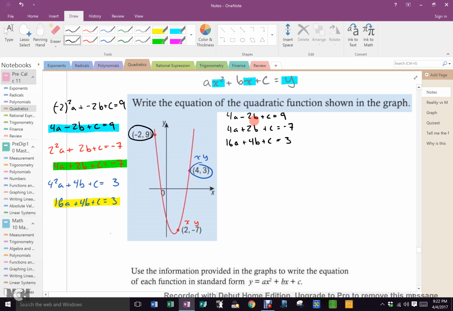Hopefully you remember systems of equations from the 10th grade. And here's how this works. Eliminate some of these equations. The easiest way to do that is to, with these two, you could do some elimination there.